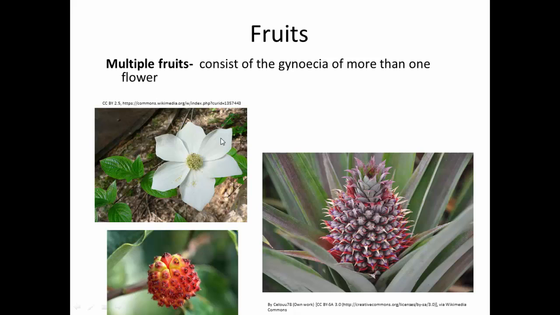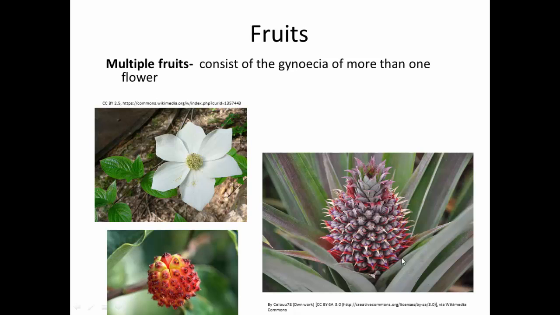A local example of a multiple fruit would be the fruit that forms from Cornus nuttallii, or mountain dogwood. This is not a single flower that we're looking at here. These white things are not petals, they're actually showy bracts. What we have in the center is a cluster of tiny flowers. So this is an inflorescence, and therefore the fruit that forms from this inflorescence would be considered a multiple.